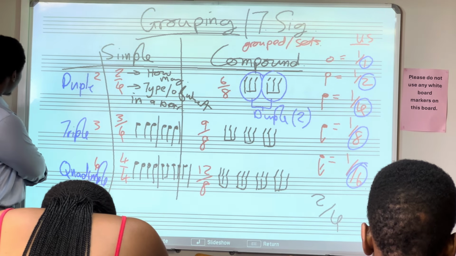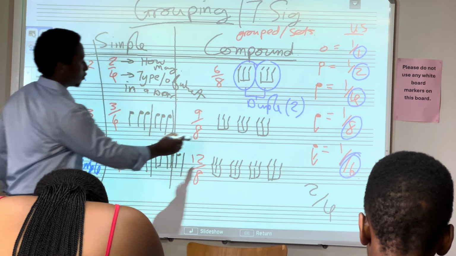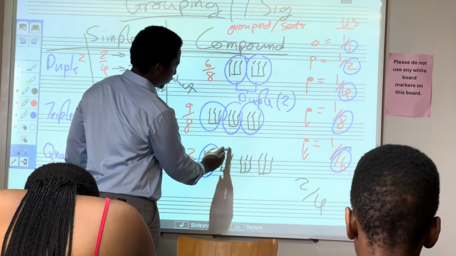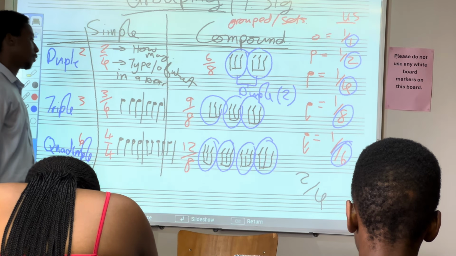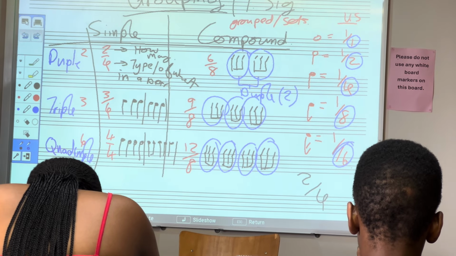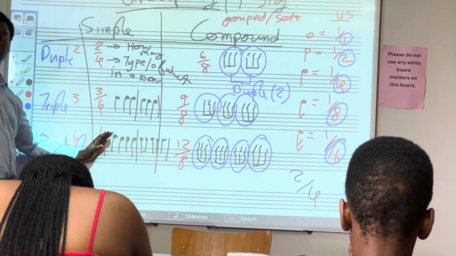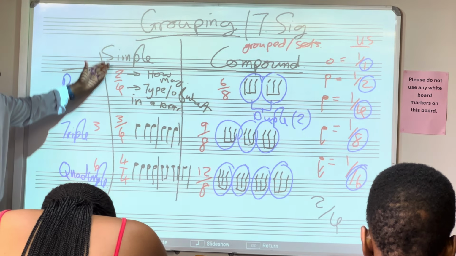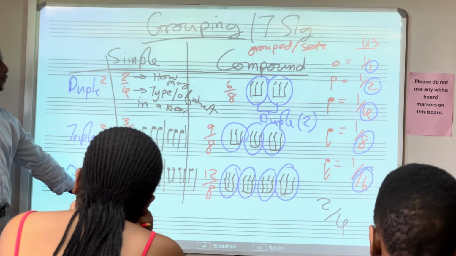So in compound, you look at it as a compound, as a set. 1, 2, 3. So is the case here. So is the case here. So as soon as I see crotchets, minims, it is highly indicative of simple time. Crotchets and minims. Even semibreves.